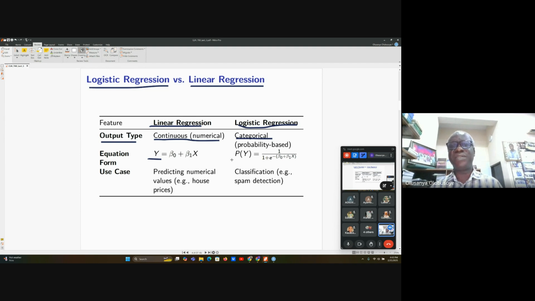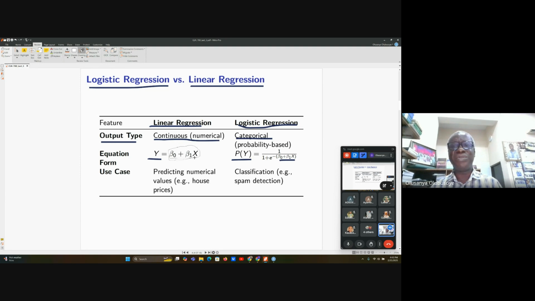For the logistic, it is based on probability. So that's why you see probability, and it equals 1 over 1 plus e to the exponent minus everything that you see here.